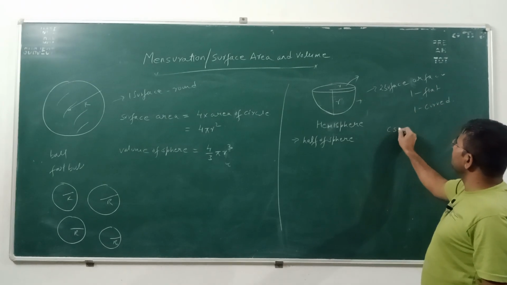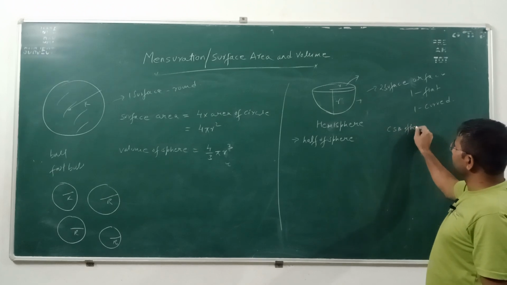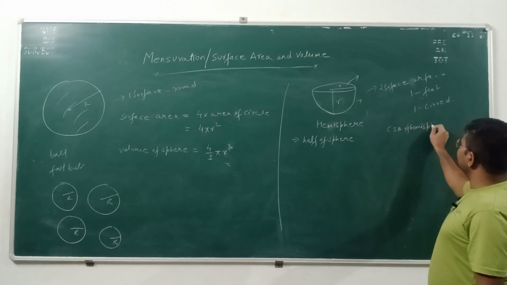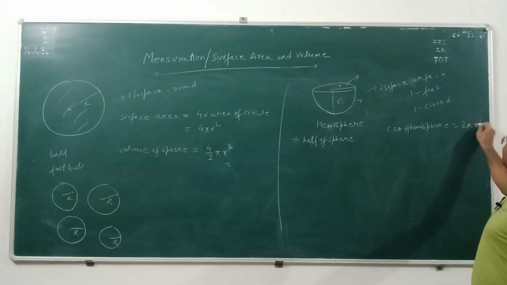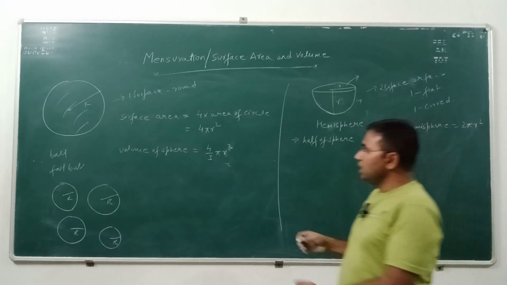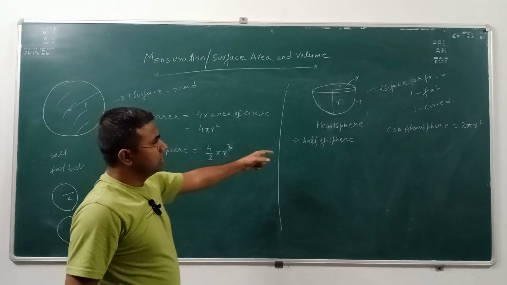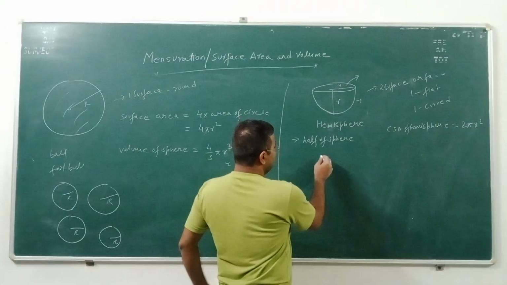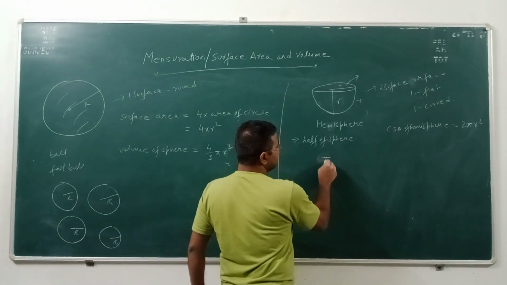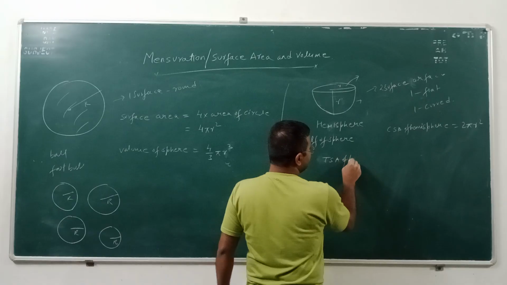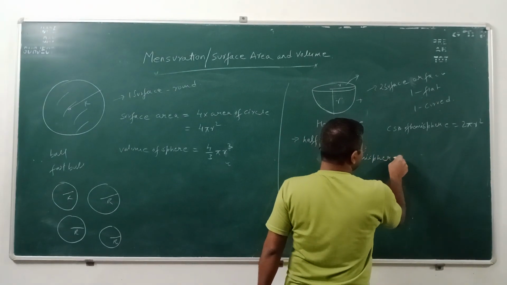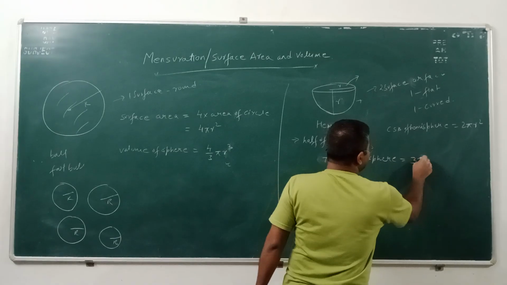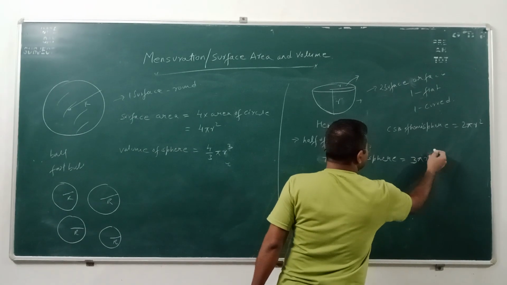Then CSA of hemisphere. Curved surface area of hemisphere will be what? 2 pi r square. 2 pi r square means half of the sphere's surface. Okay. And if you talk about TSA, TSA of hemisphere will be what? 3 pi r square. How is 3 pi r square there?